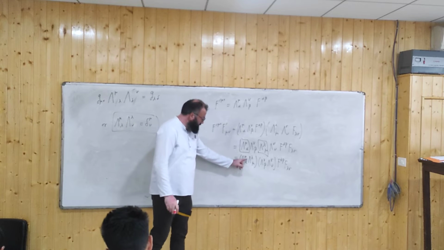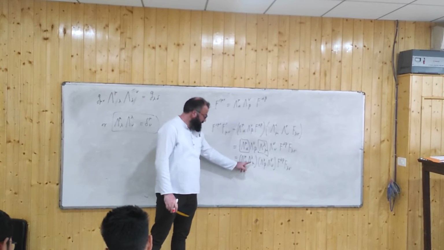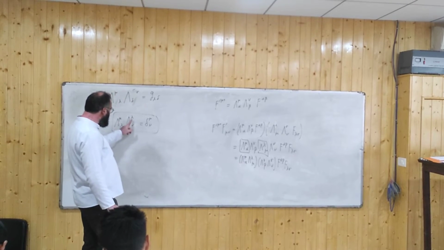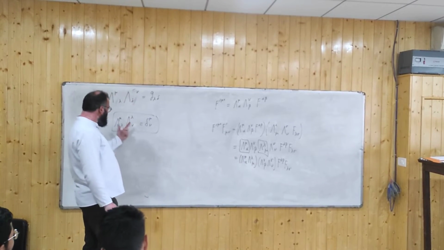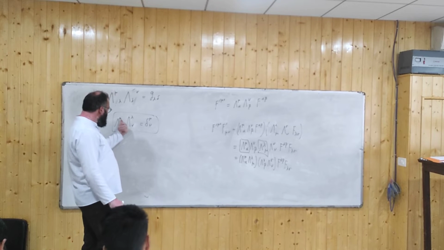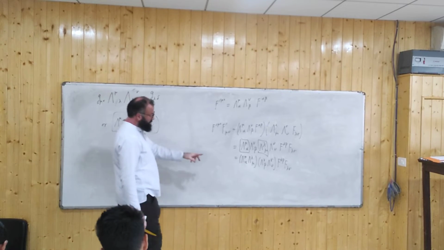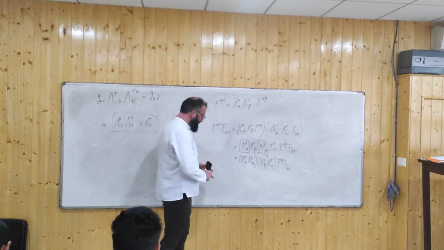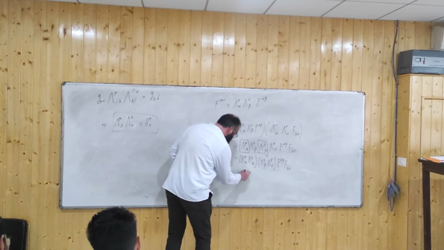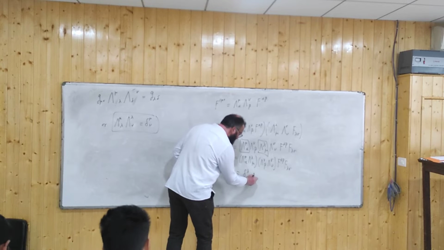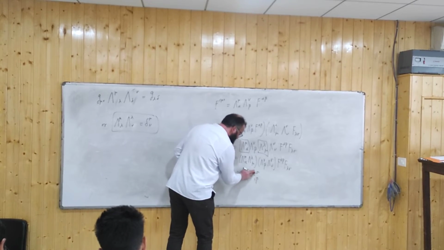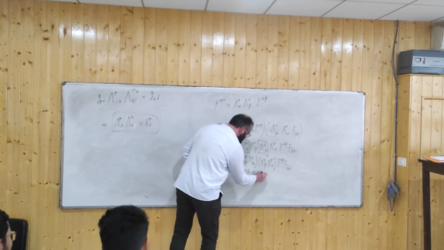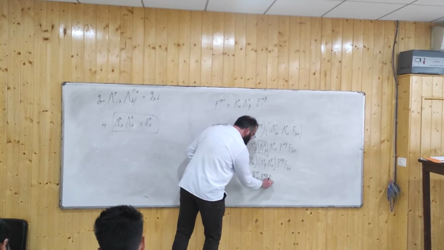Now what is this? One index is contracted, so lambda is contracted, what does it give me? Delta mu nu. Mu contracted gives delta lambda alpha, and delta sigma beta, f alpha beta, f lambda sigma.